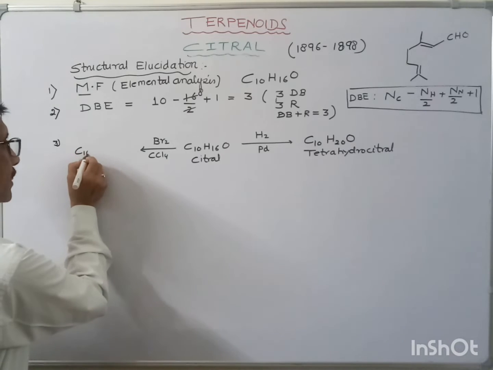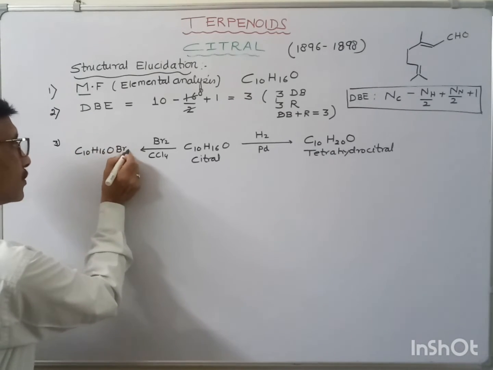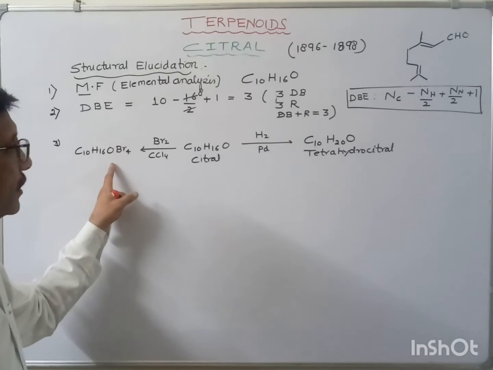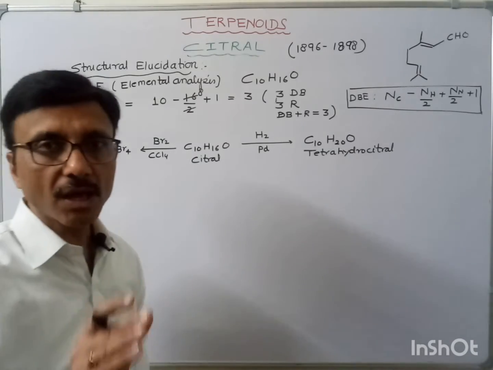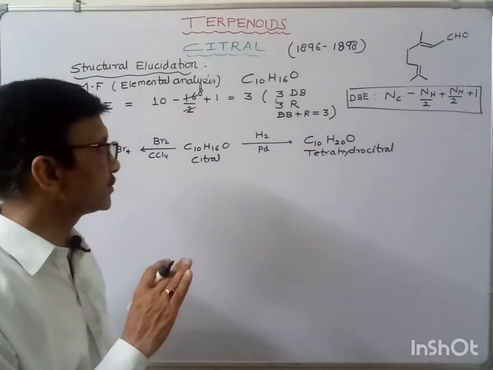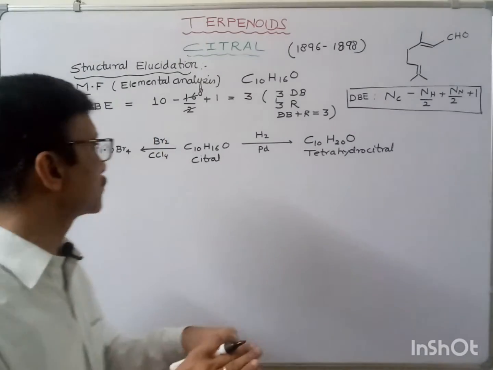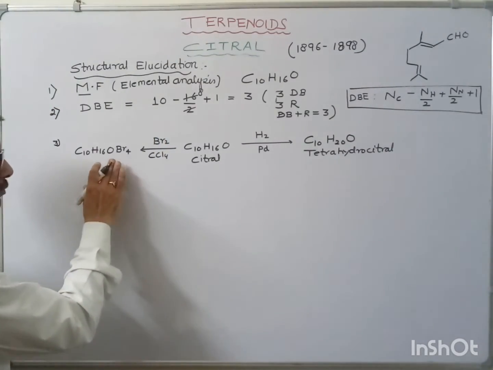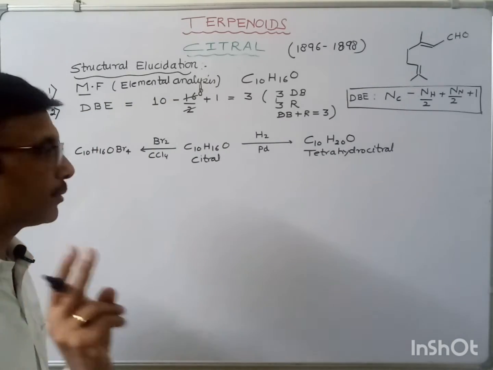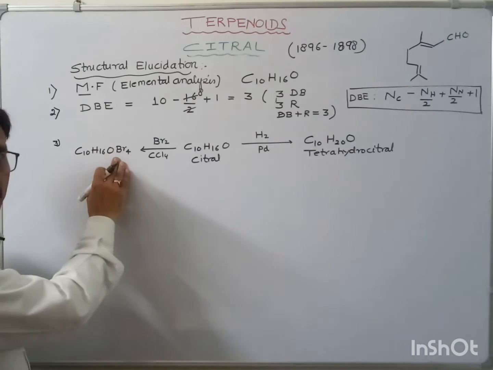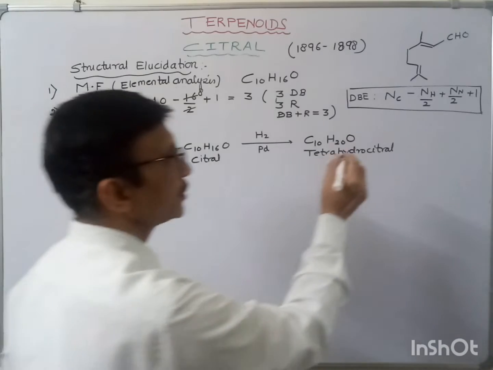Now in another experiment, if it is treated with bromine in CCl4, then what was found? C10H16OBr4. So 4 bromines are attached, and no doubt the 4 bromines can be attached over 2 double bonds. That's why citral contains 2 double bonds.